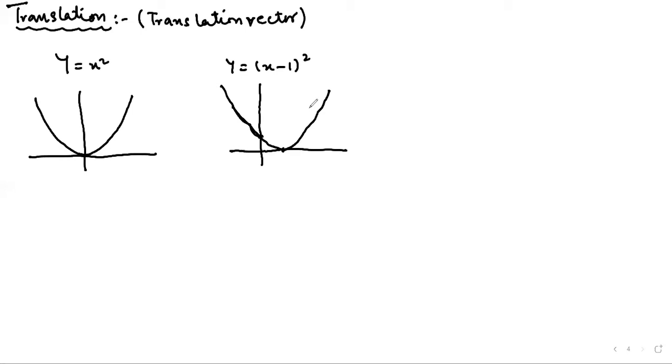We will add 1 in the x coordinates. The change of x is always opposite. If in the equation there is written x plus 1, the curve will move 1 unit towards left. If there is written x minus 1, the curve will move 1 unit towards right side.